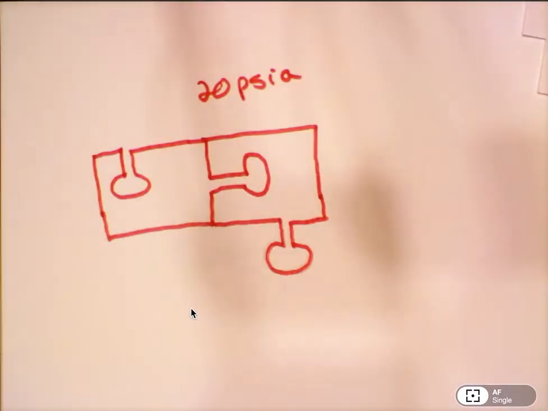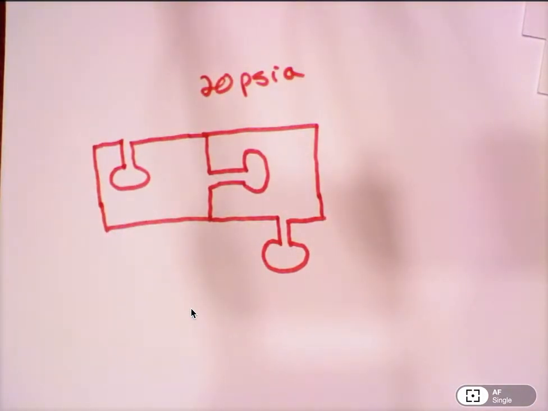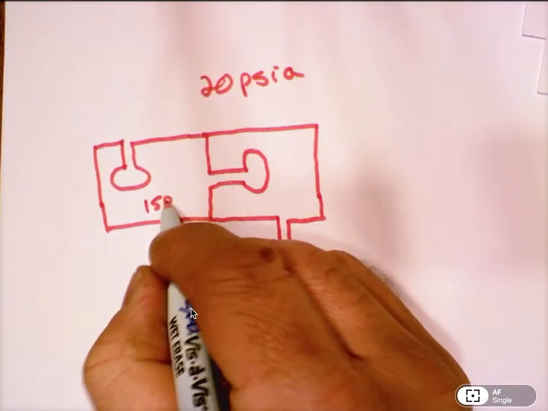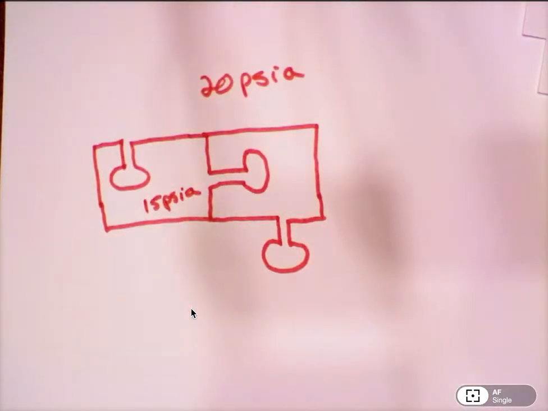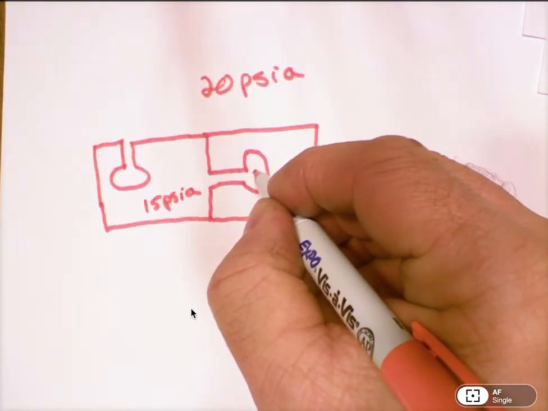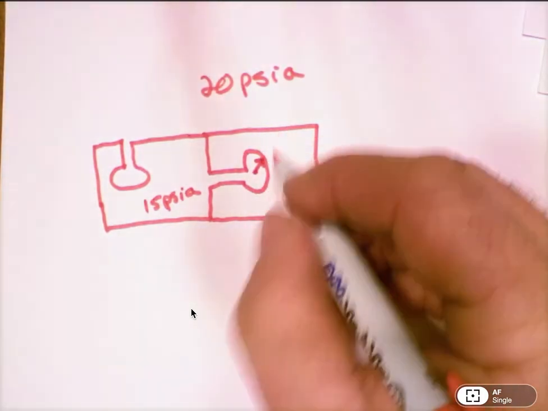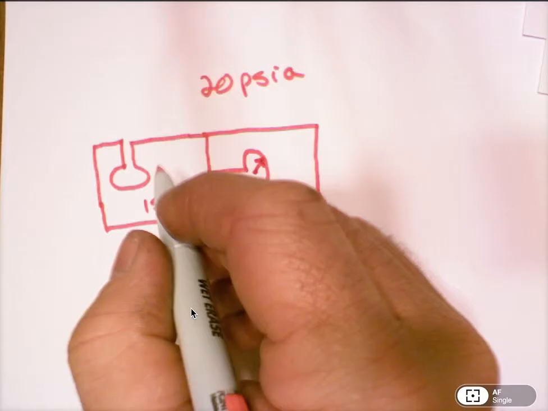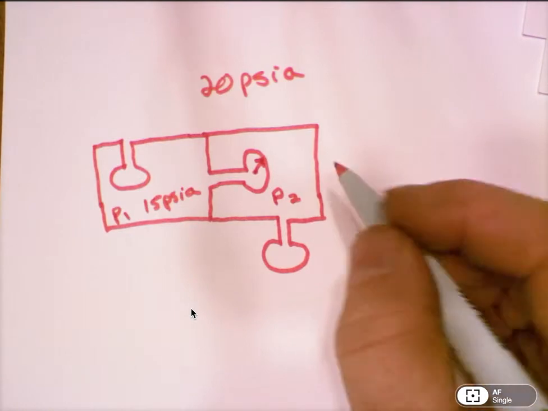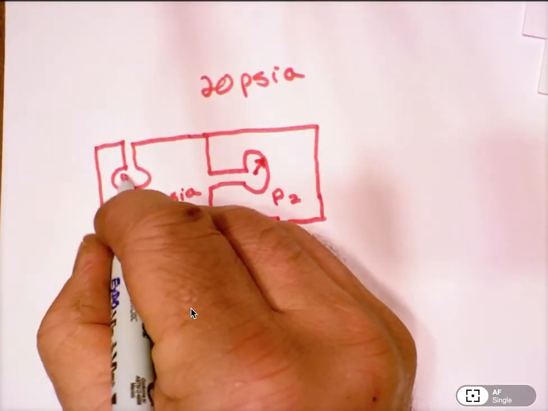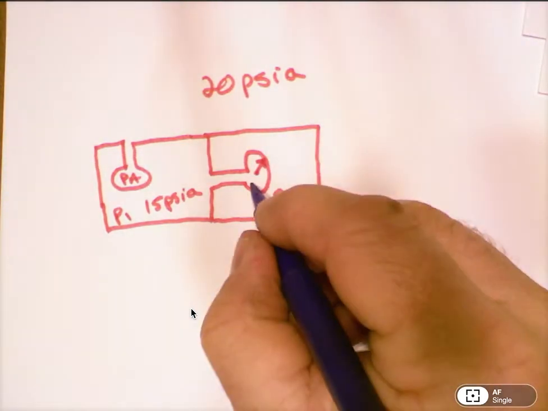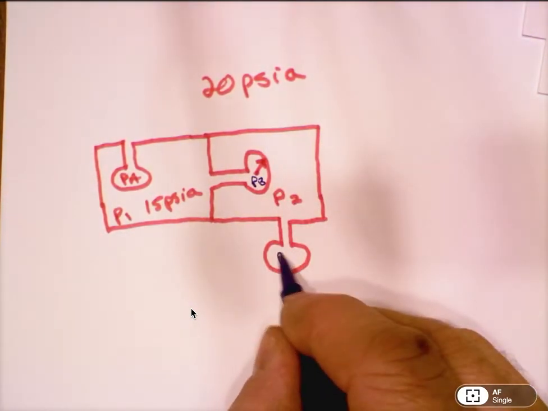Systems have pressures of A. Let's let the stuff inside this box be 15 psia. So let's give these names. Inside the box will be pressure 1. Inside this box will be pressure 2. This gauge will be pressure A. This gauge will be pressure B. And this gauge will be pressure C.